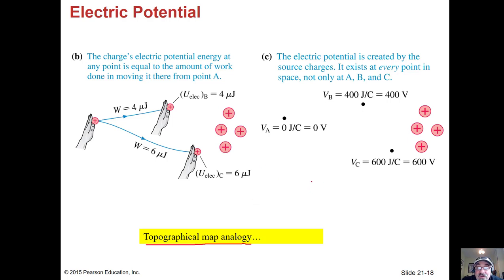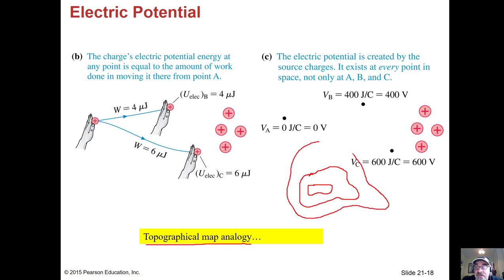So for example, let me draw a little map here. I'm trying to draw a kind of topographical map. Okay, so it looks just like a topographical map. These are equipotential surfaces. Equi means the same potential.